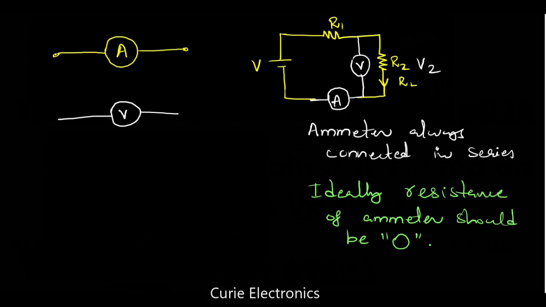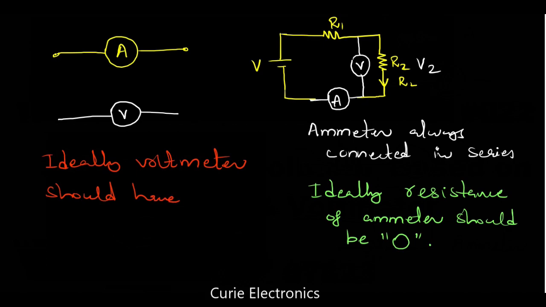So similarly, ideally the voltmeter should have infinite resistance.